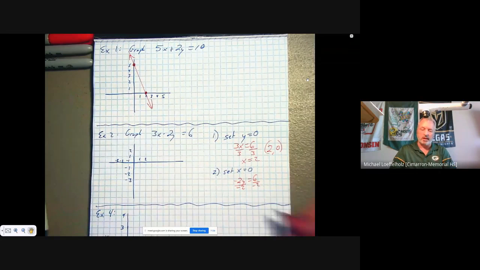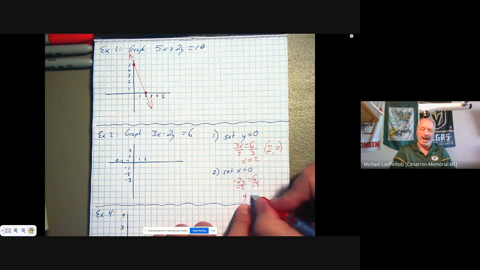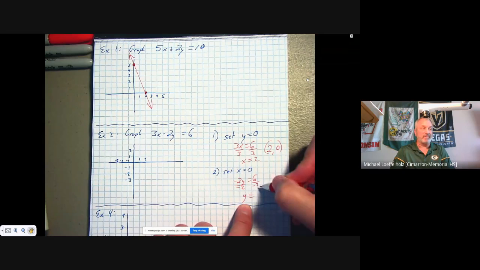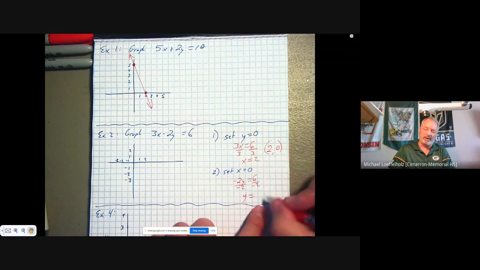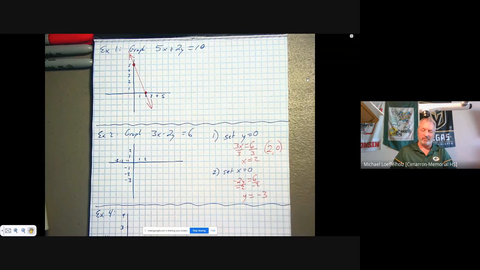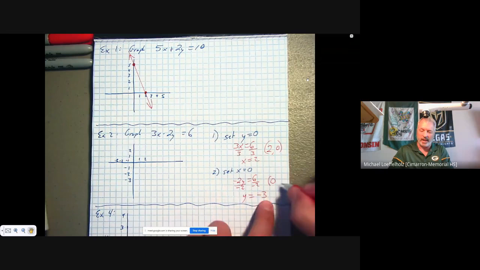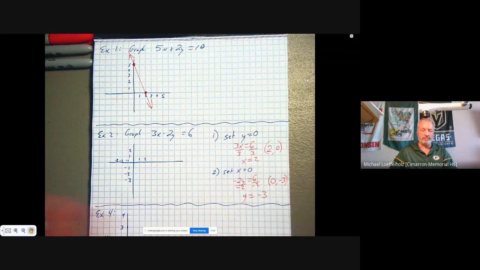On the left side, negative 2 divided by negative 2 leaves me 1y. And 6 divided by 2 is 3, but I have a positive divided by a negative, so it's negative 3. So this gives me the point 0 for x, negative 3 for y.